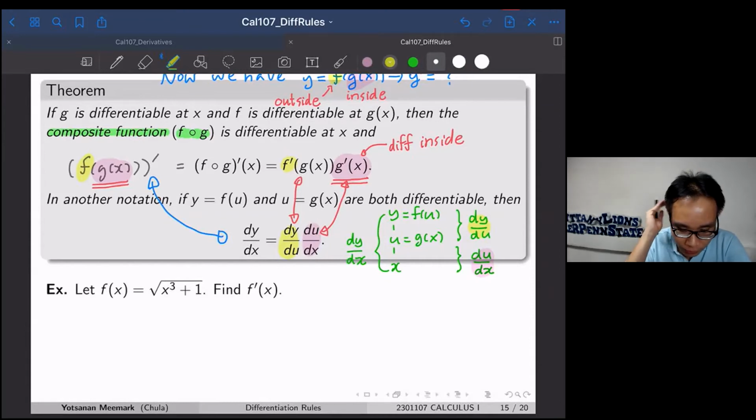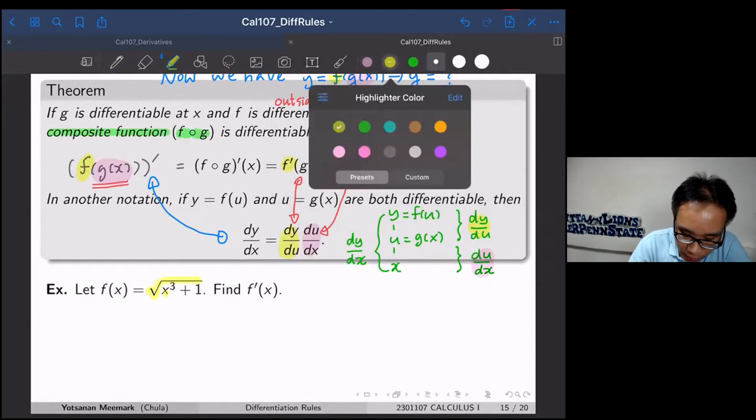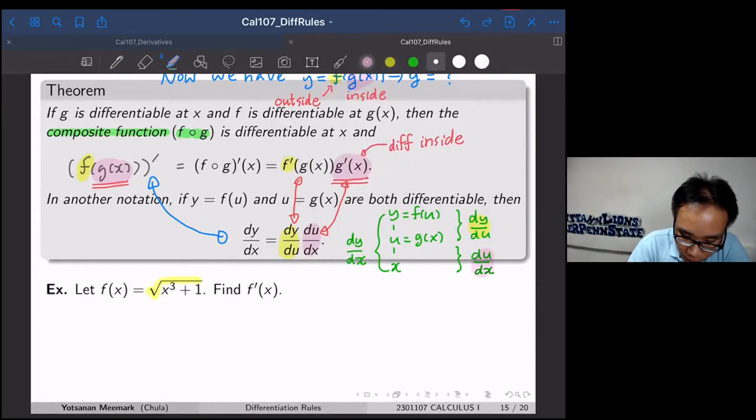So you have the function f x equal to the square root of x cubed plus 1. In this case, the outside function turns out to be the square root. The square root is the function outside, and x cubed plus 1 is the function sitting inside.